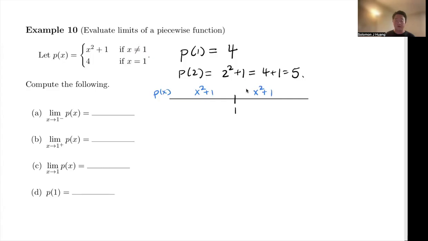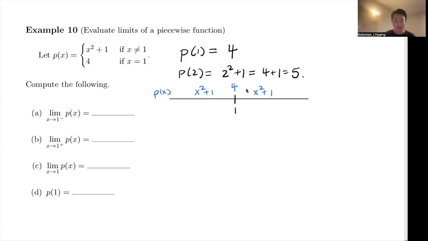And at X equals 1, P of X is 4. So I'll just put a 4 on top. If I ever need X to be equal to 1, then I will reference just this point.